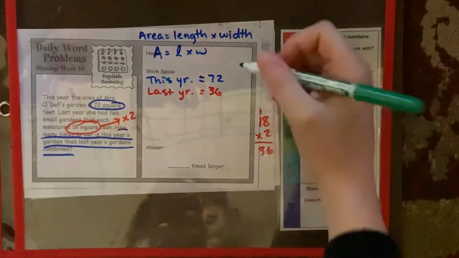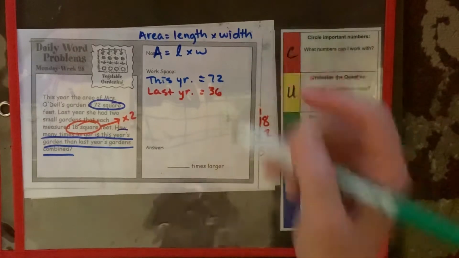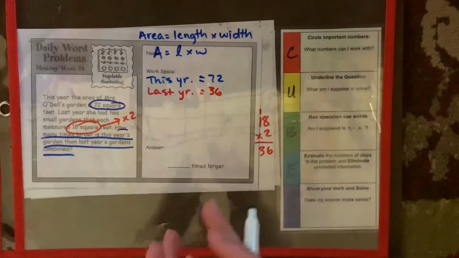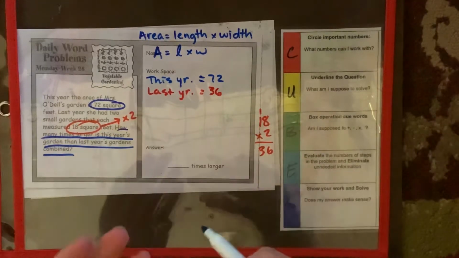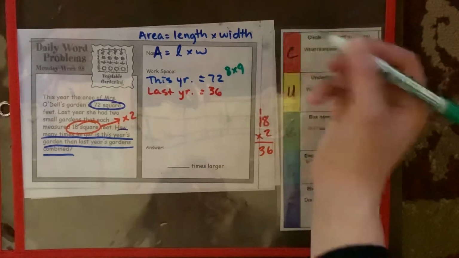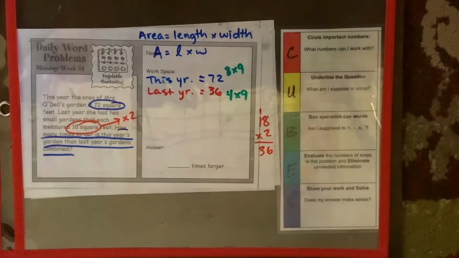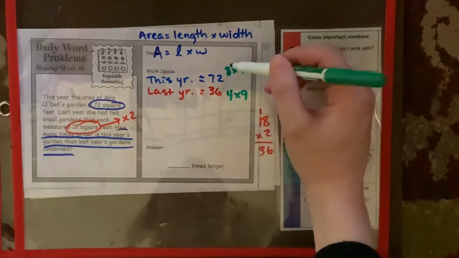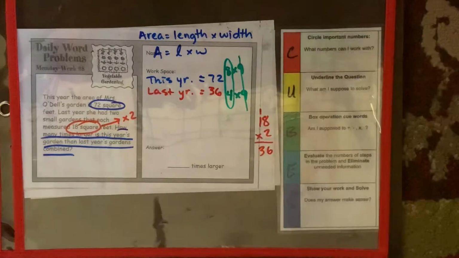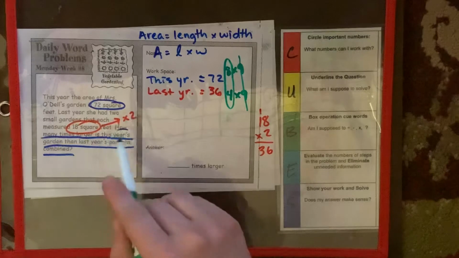And so if we're gonna do a multiplication problem for 72 and 36, in my mind, if I know my multiplication tables, I know that they can both be multiplied or divided by 9. So I'm gonna put that problem here to the side. 8 times 9 equals 72. And 4 times 9 equals 36. Now when I'm looking at this, the 9s are the same, and the 8 and the 4 is what I'm going to be comparing, where they say how many times larger is this year's garden than last year's garden.